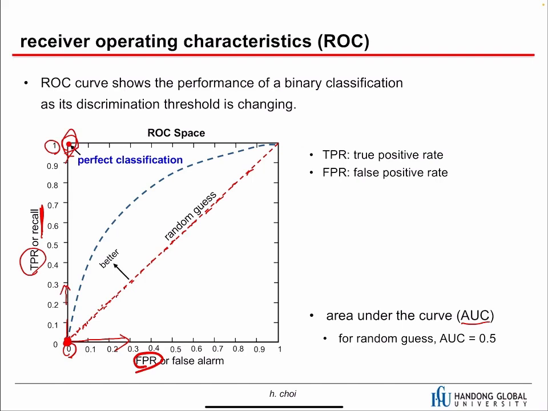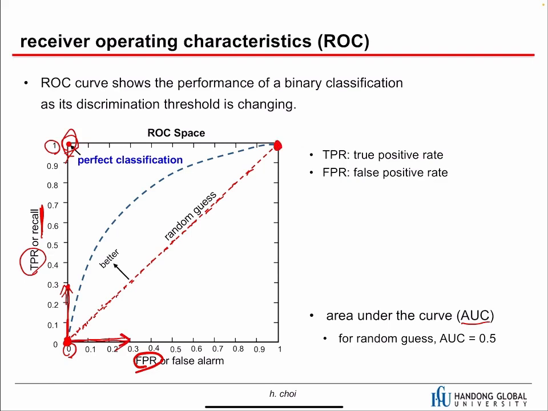So when the model is just random, when the model says sometimes positive, sometimes negative, just randomly, the model is nothing. It's just random selection. It says positive or negative, half and half all the time. Then the recall would increase, and at the same time, false alarm would increase.